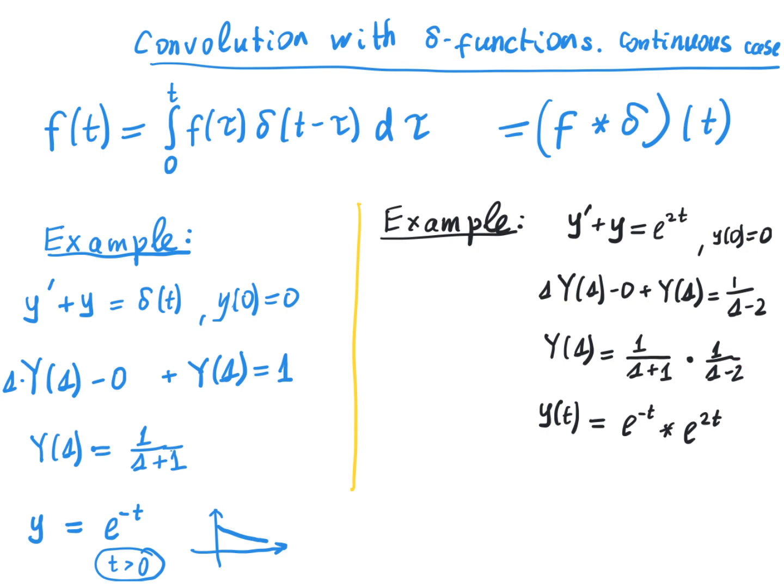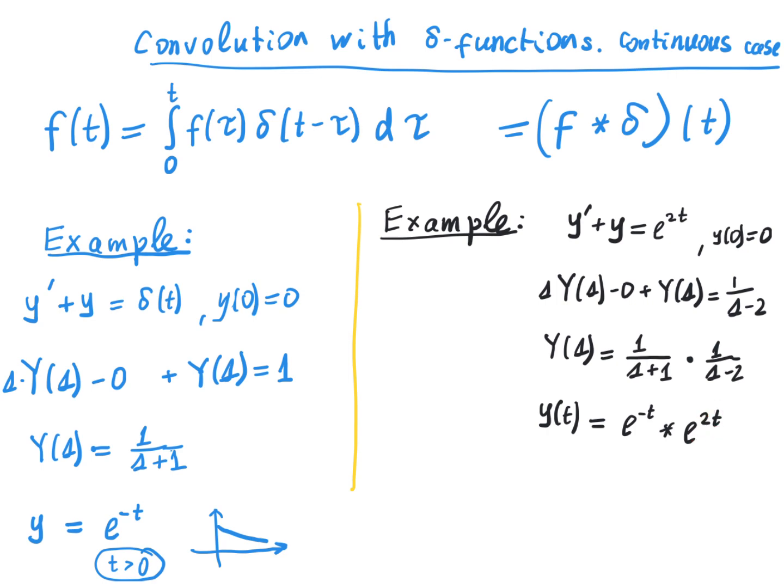Now, this time, our goal is not to compute the answer explicitly, but to relate to the convolution. So we have product of two Laplace transforms. So the original function will be the convolution of the inverse Laplace transform of the first factor, which we just computed, and the inverse Laplace transform of 1 over s minus 2, which is e to 2t.